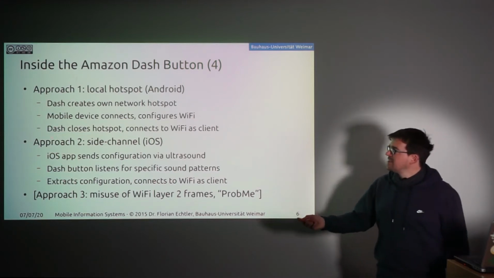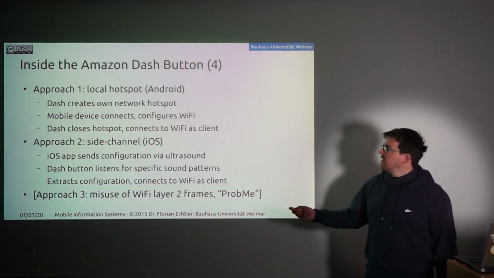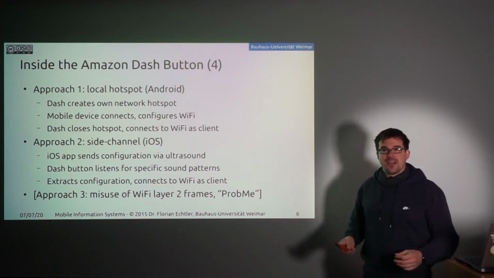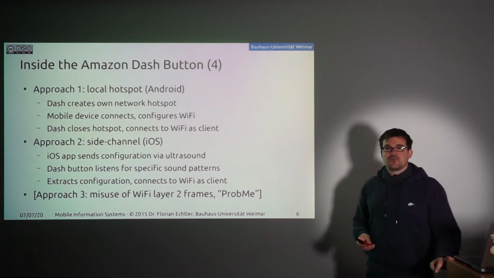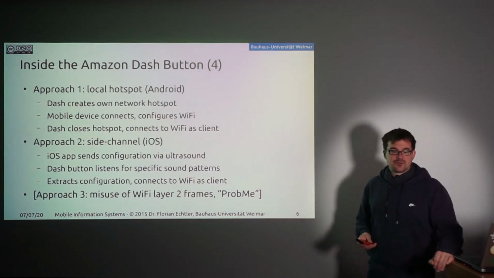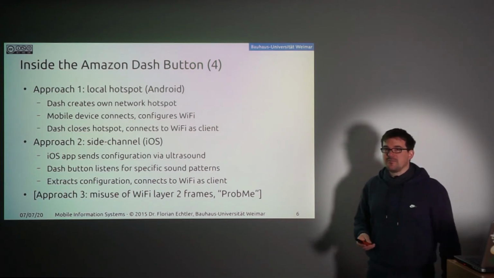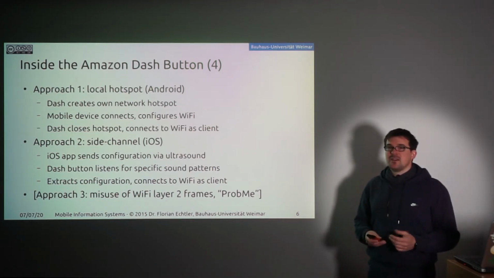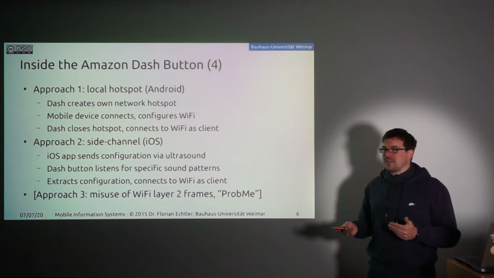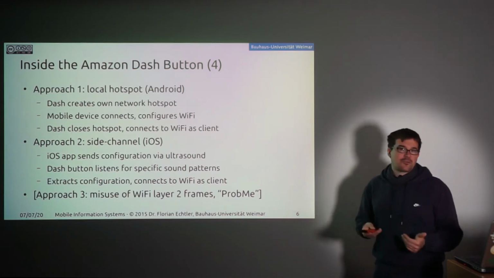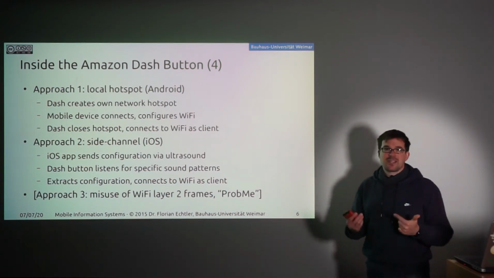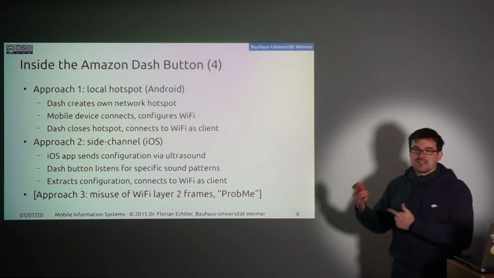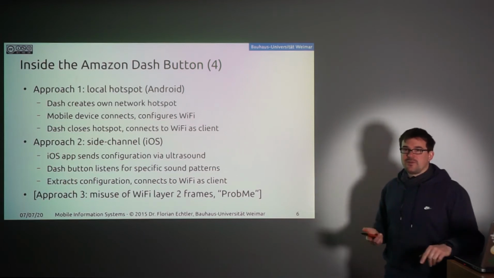The side channel here is actually ultrasound. You need a specific app on the iOS device to configure this dash button, and it will create an ultrasound pattern that is repeatedly played back from the device. As a human, we can't hear it, but the microphone in the dash button can pick up that ultrasound pattern and extract the Wi-Fi configuration, and then again connect to the Wi-Fi as a client.